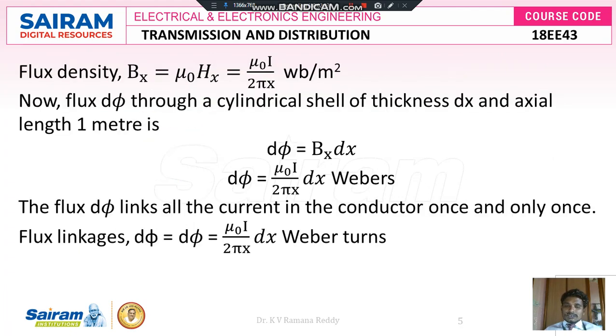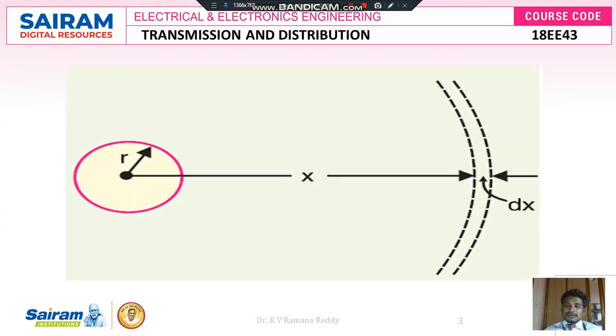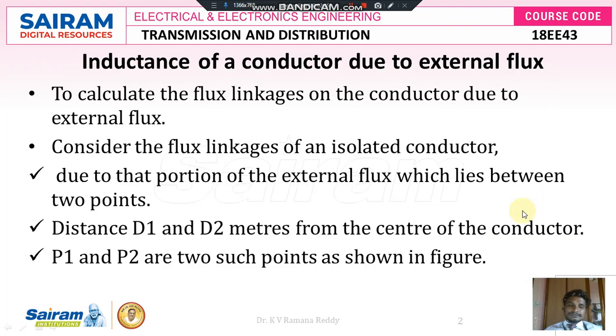In these conductors also there is a flow of current. There is a small tubular gap between these two conductors, and mathematically we can assume that its thickness is dx.